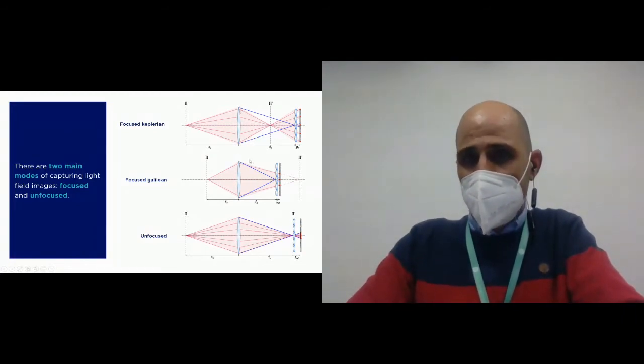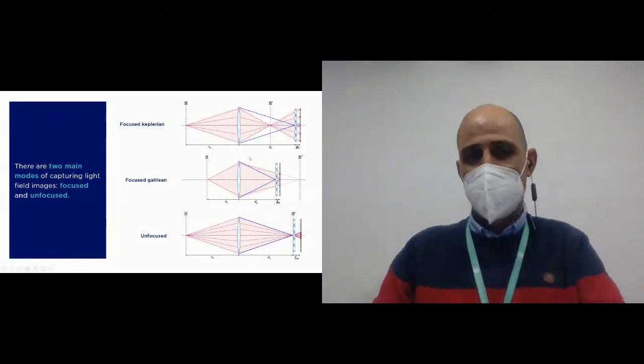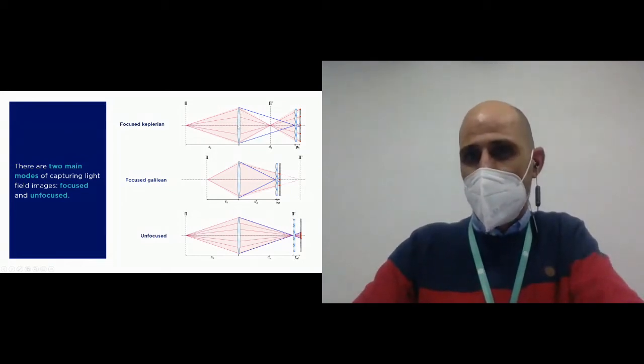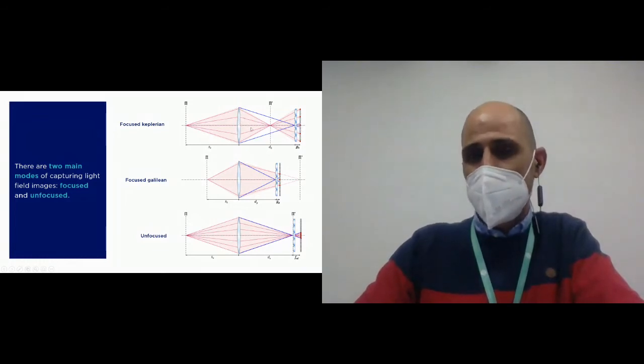In these modes, the key factor to have a good system is to project the aperture of the main lens on the sensor, and the numerical aperture of this main lens needs to match the numerical aperture of the micro lens array.